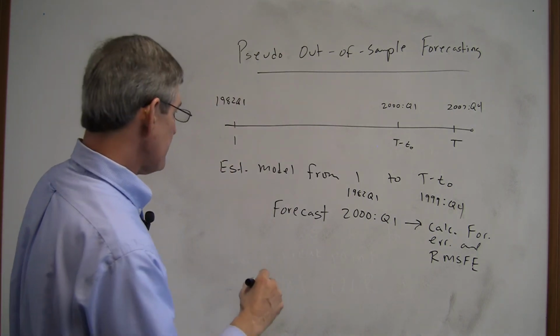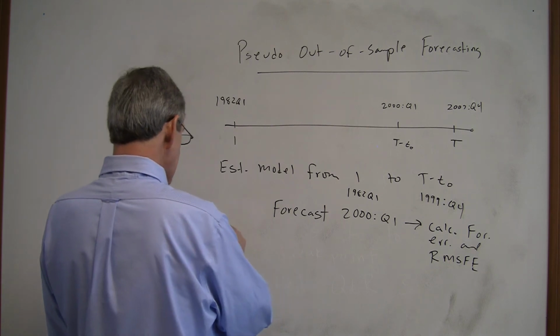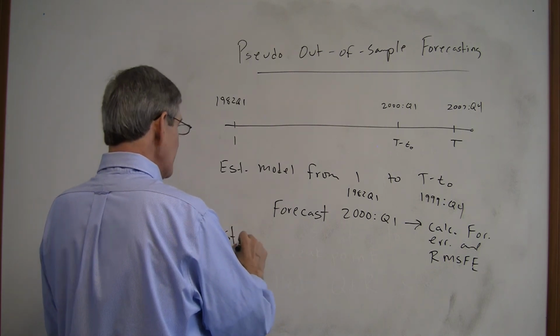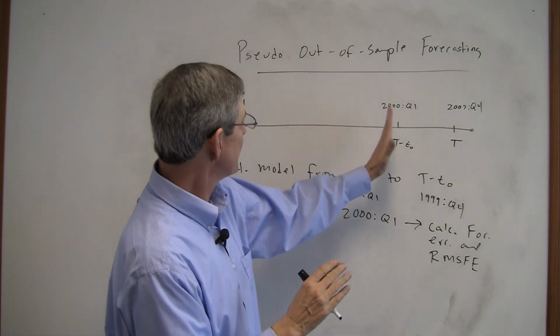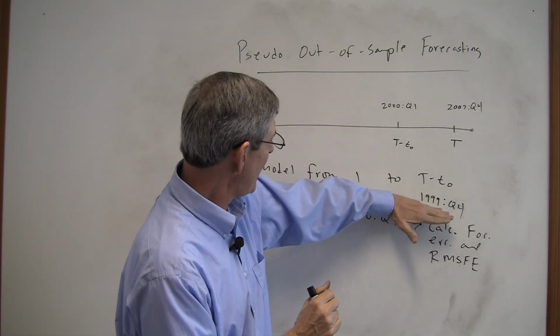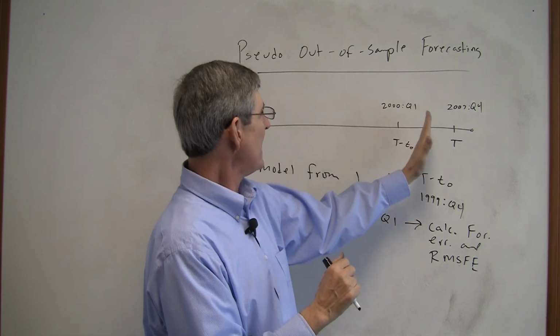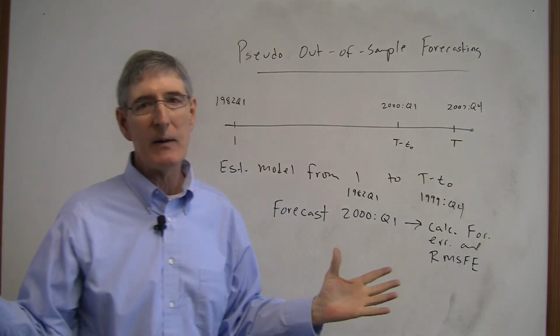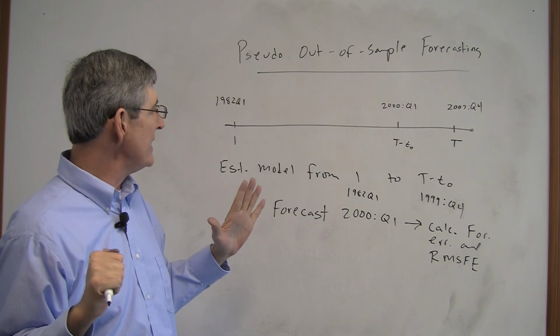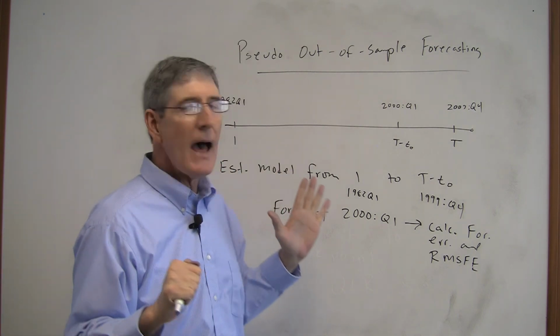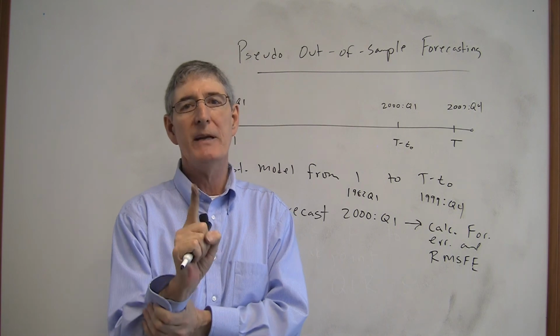Okay. You could then estimate the model. You could now do two things. You could also just keep your data ending at 1999 Q4 and then estimate all the way out to T and evaluate how well it forecasts way out. But what we're interested in finding out is not that, but how well does it forecast one period ahead.